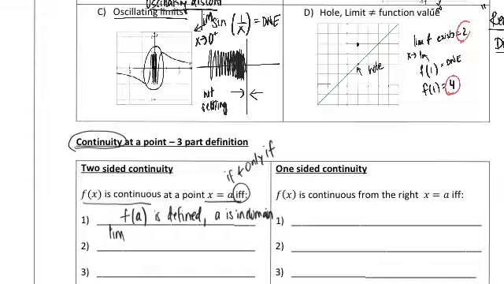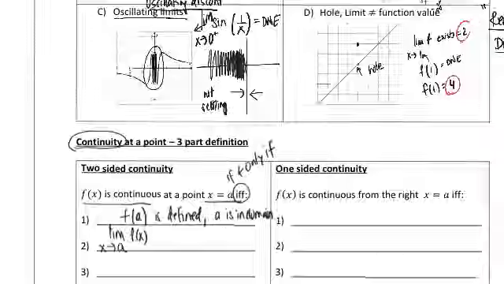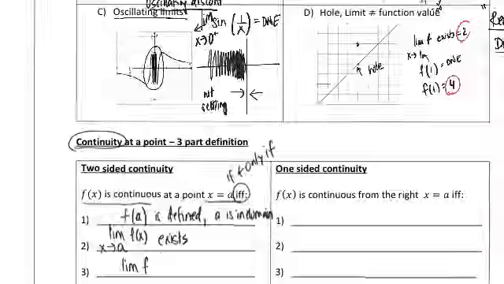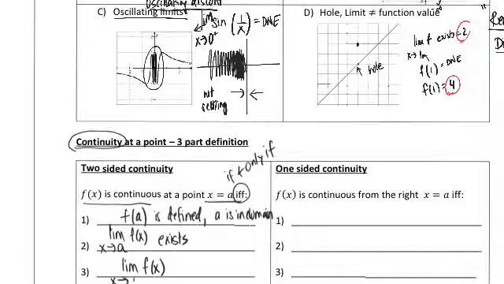Secondly, the limit of f of x as x approaches a has to exist. And third, the limit of f of x as x approaches a has to equal f of a. If these three things happen, then the function will be continuous at the point x is equal to a.